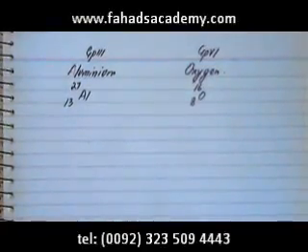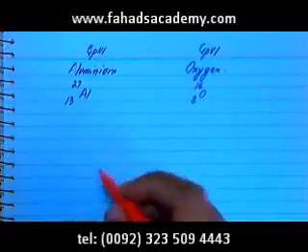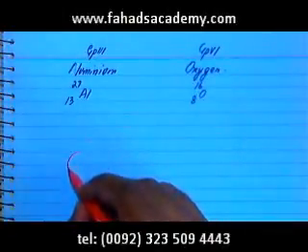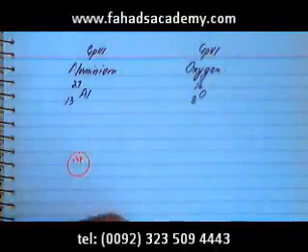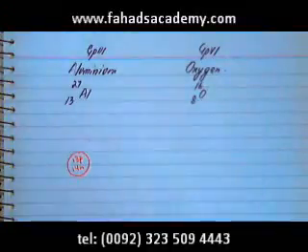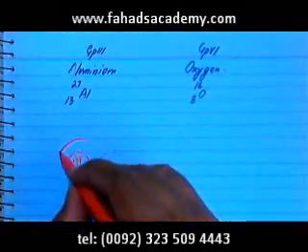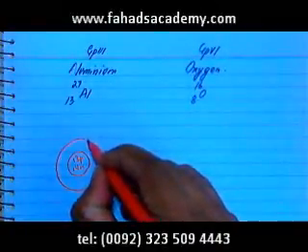Let me first draw the atomic structures of aluminium and oxygen. Aluminium is going to have 13 protons and 14 neutrons, since 27 minus 13 is 14. It's going to have a total of 13 electrons.